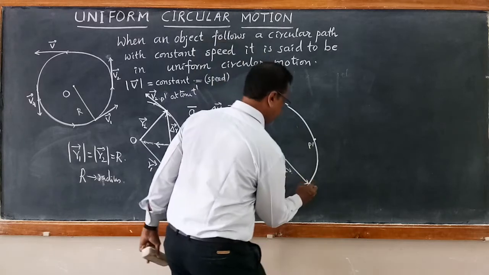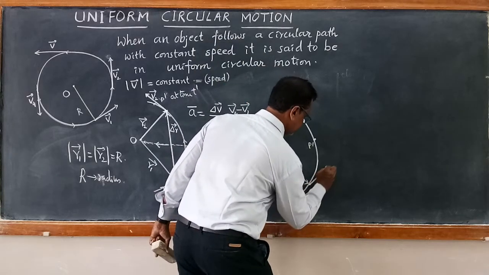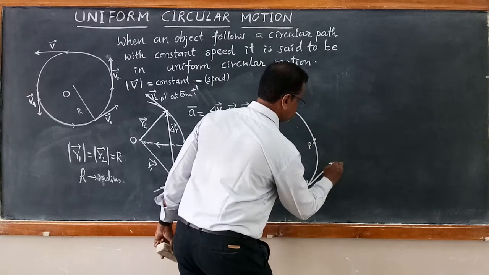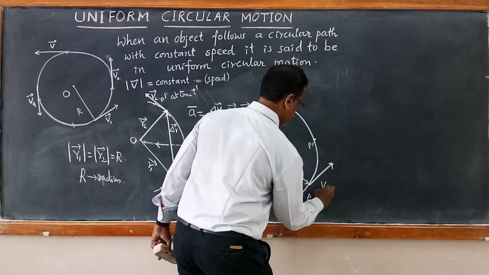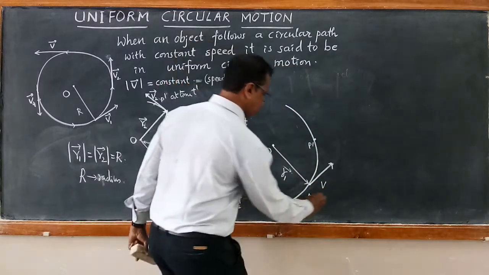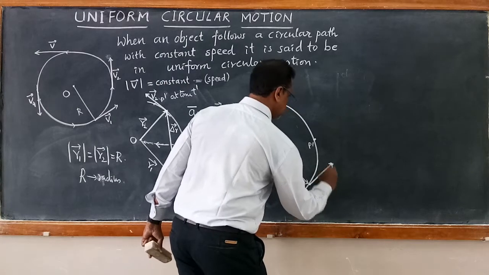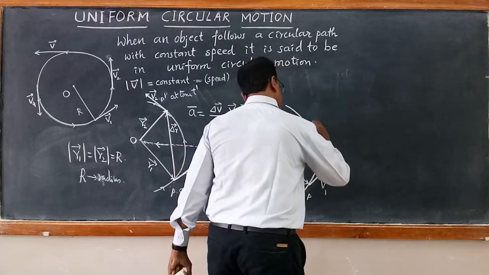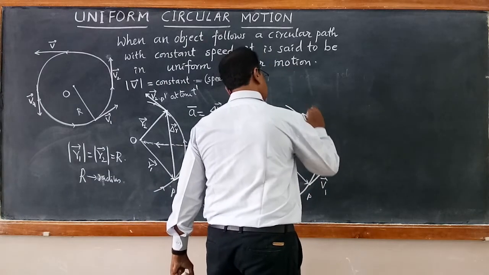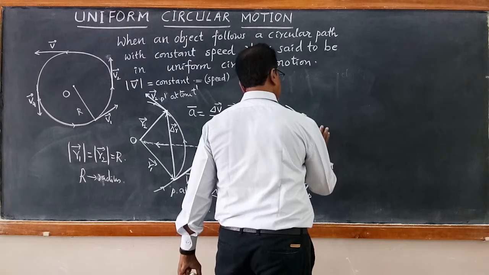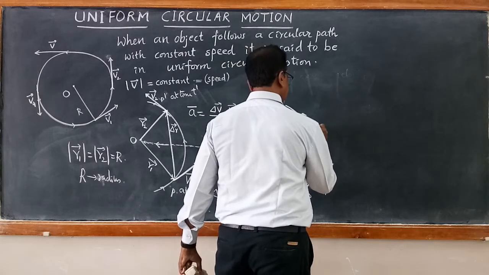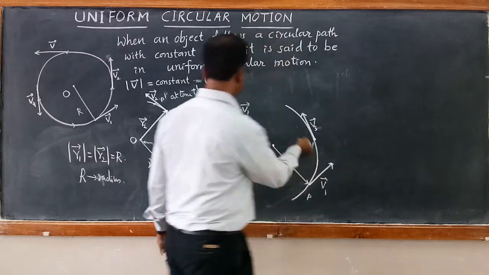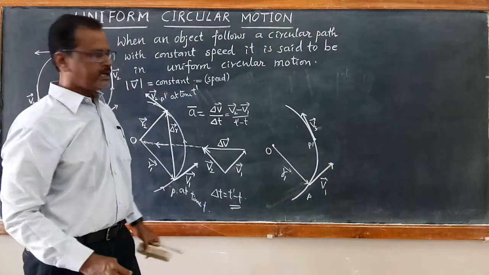So draw tangent. This tangent here gives us the initial velocity vector v1 as it is. Then draw a tangent here. This gives a final velocity vector, you can take now v3, another velocity, because it is a different point, so velocity will be different.